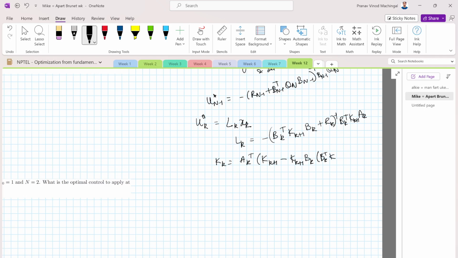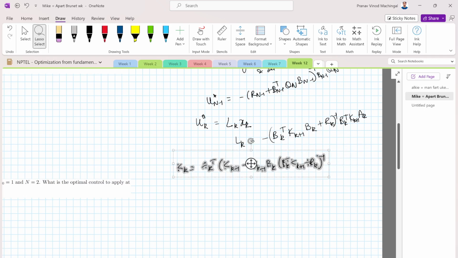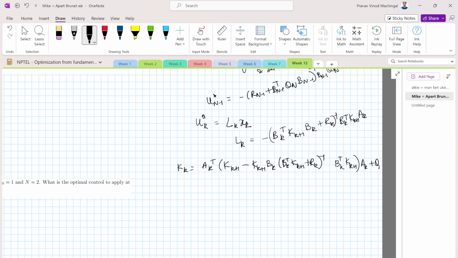So it's a bunch of equations. Okay, so this is the k, capital K, that is used here, and this is the boundary value of this. This is called the Riccati equation.